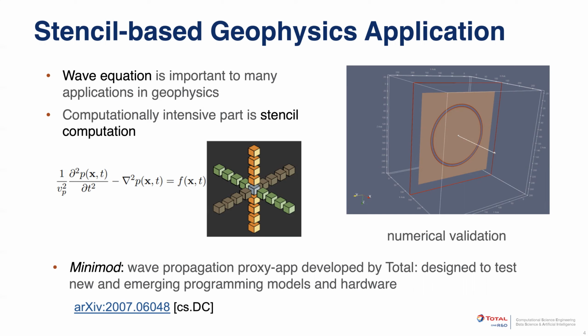More information about this benchmark suite can be found in our archive paper. In this work, we use Minimod as the software framework for our experiments and implement different programming model approaches as individual kernels. This allows us to provide a relatively fair comparison between the new approach and the classical methods.